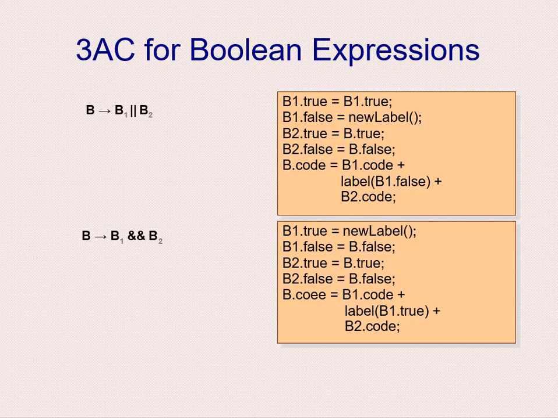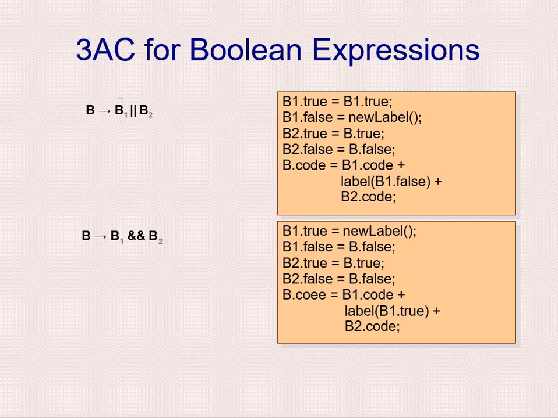B2.true is B.true, and B2.false is B.false. So B.code we can find like B1.code plus the labeling of B1.false plus B2.code.